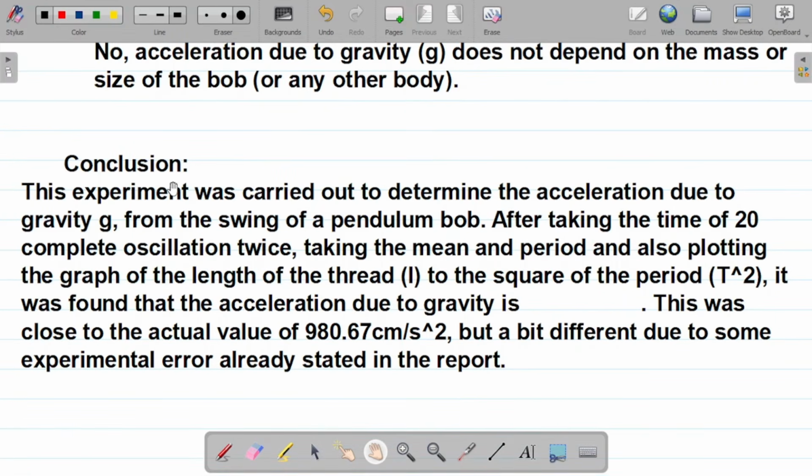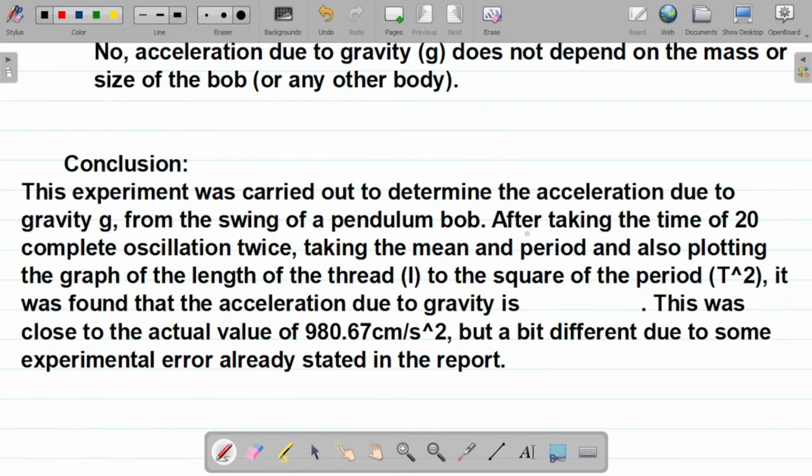A proper way of presenting a conclusion is to first of all list out the aim of the experiment. I said this experiment was carried out to determine the acceleration due to gravity g from the swing of a pendulum bob. So you're reminding them of the idea of the experiment. Now you tell them what you did.